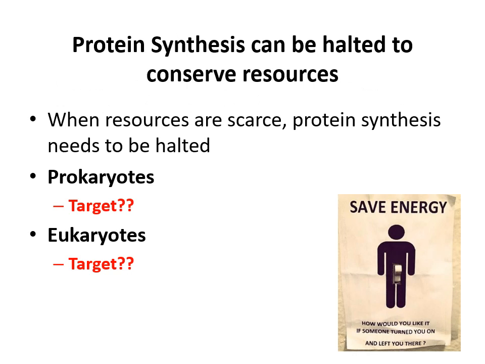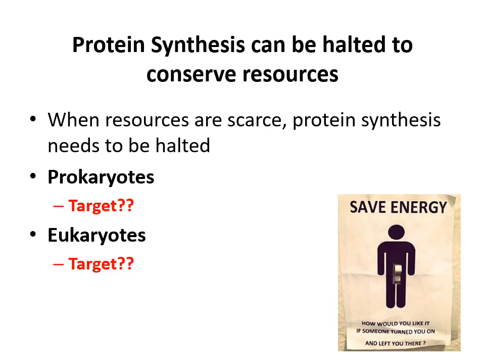Now, when we think about protein synthesis, if you think about the cell, 2/3 of the organic matter in a cell are proteins. And so synthesizing the proteins can end up consuming a lot of time and energy and resources or materials within that cell. So you need a way to be able to halt protein synthesis and conserve resources in the cell.